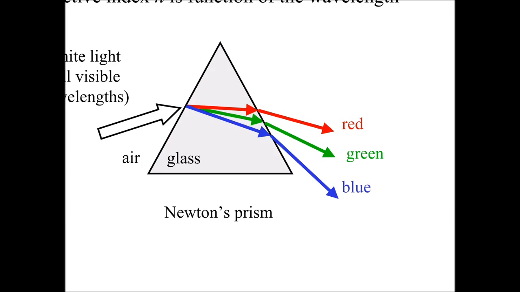And if you have more sophisticated machinery like spectrometers, you can map out all the different wavelengths, and the finer your instrument, the finer you can split these light rays.